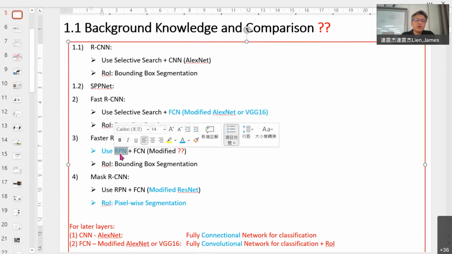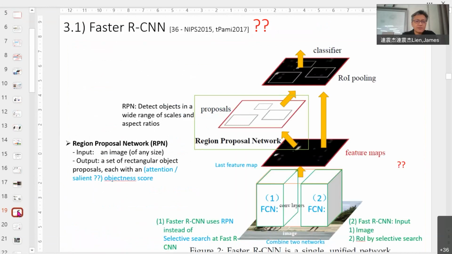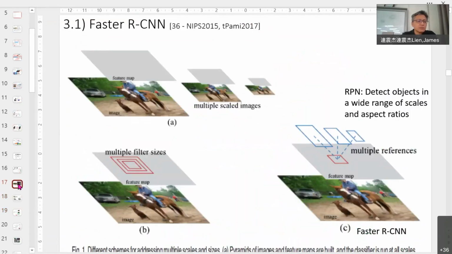What's the region? Bounding box. What's proposal? Prediction. Propose means predict. So you want to predict the region with the network.